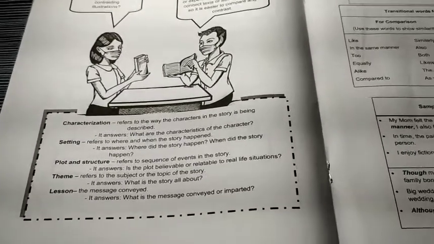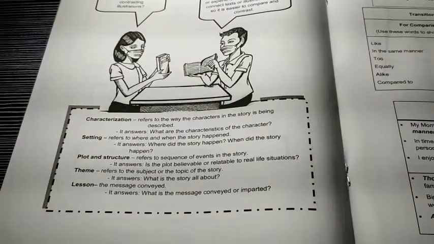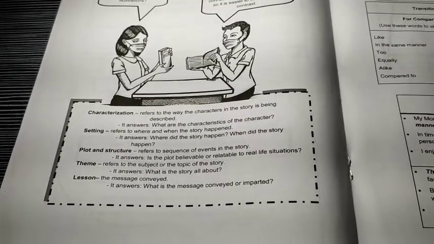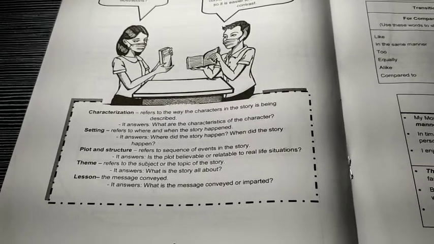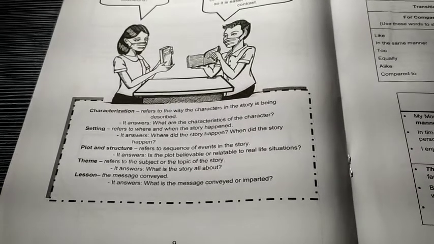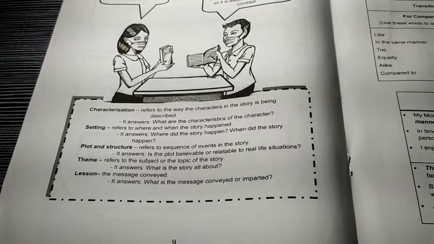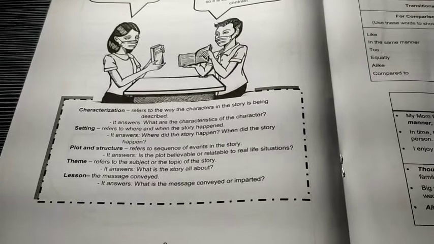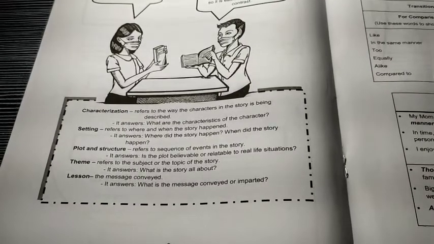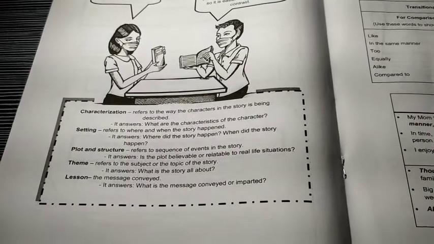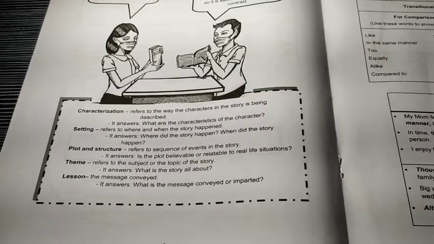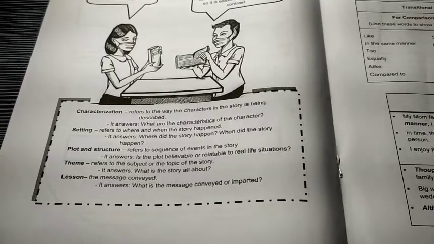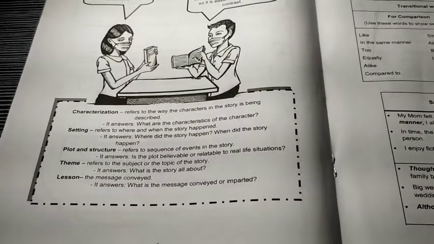Then lesson, the message conveyed. It answers what is the message conveyed or imparted. So lesson is very important because it will be the goal that a reader can have after reading the text. So when we say lesson, is the lesson in text A related to, or the same as, the lesson in text B?